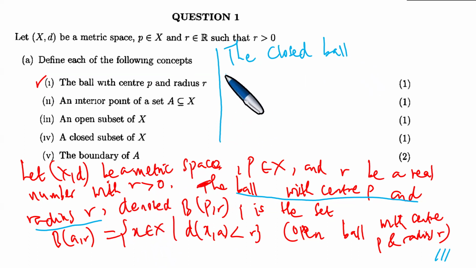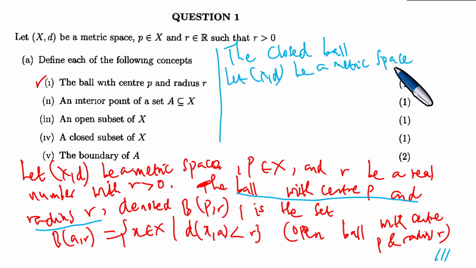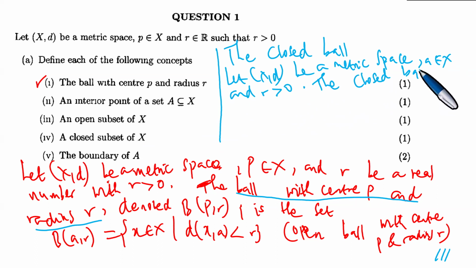So now we'll let (X, d) be a metric space, a in X and r positive. The closed ball with center a. Okay, let's call it center p.